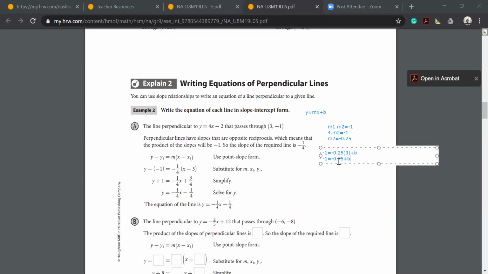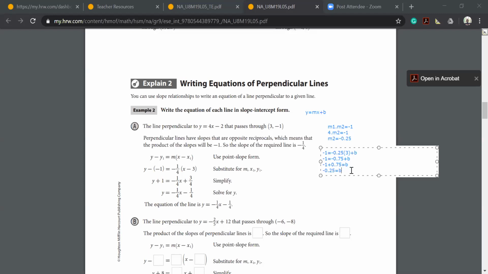I will shift -0.75 to the other side. Shift it with a positive sign, because here it's negative, it will be shifted positive. So -1 plus 0.75 equal to b. So b will be -0.25. I found b, and I have my m.